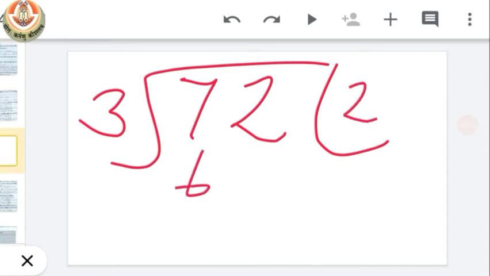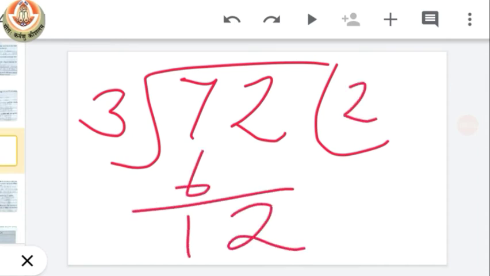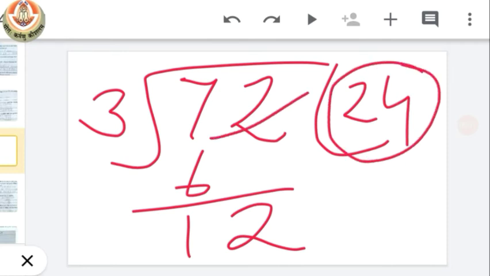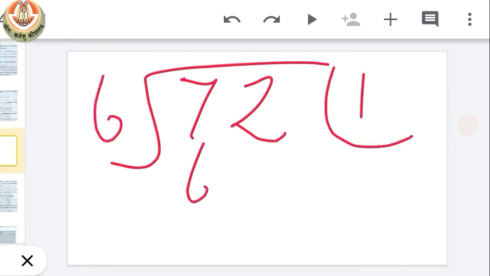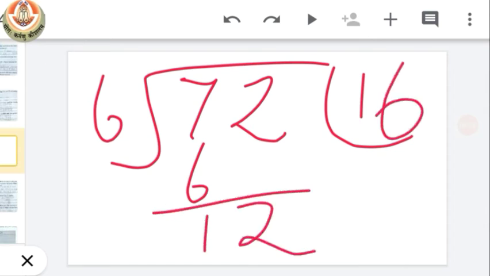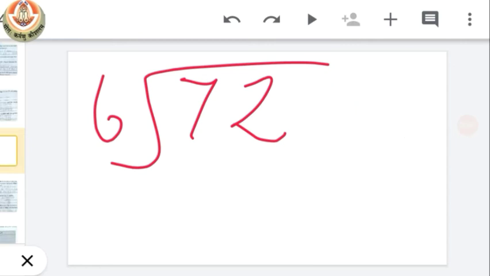As 3 into 24 gives 72. Now we have to check for 6. When we check 72 with 6, yes, it is divisible by 6 also. Now let's check for 9.